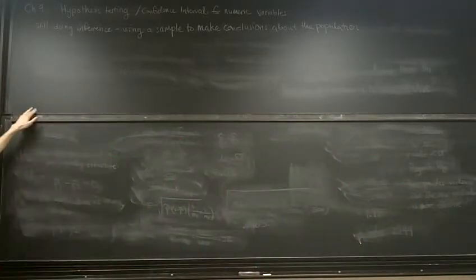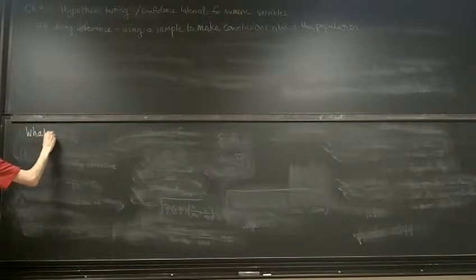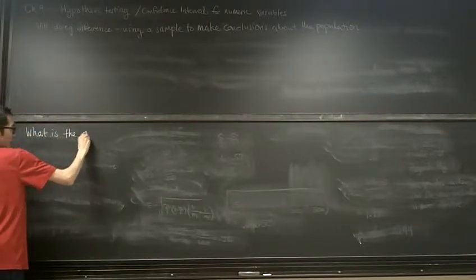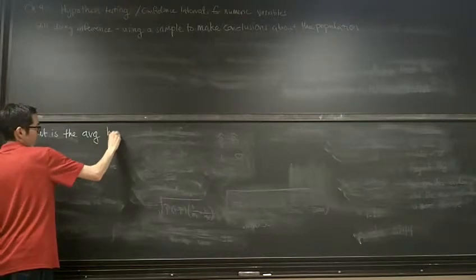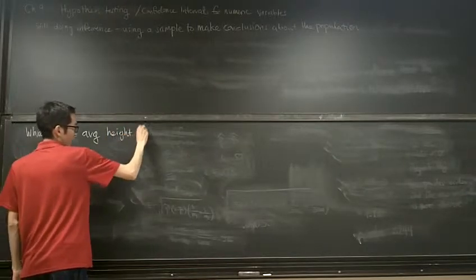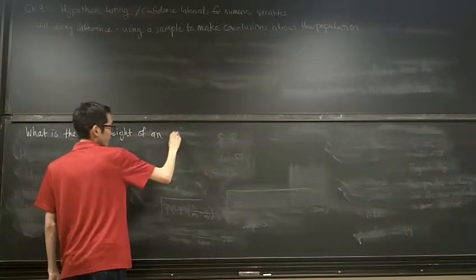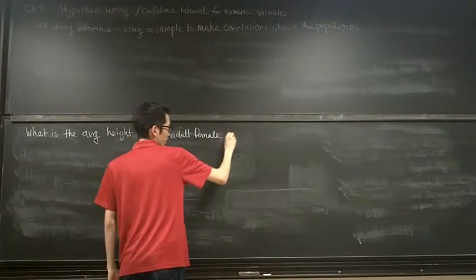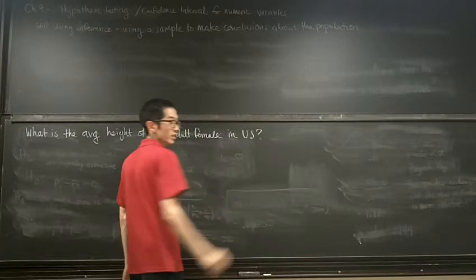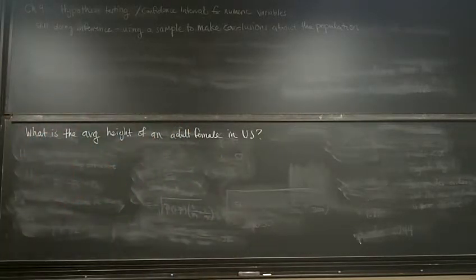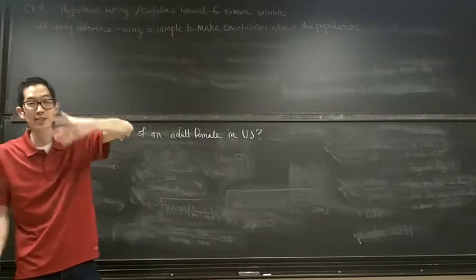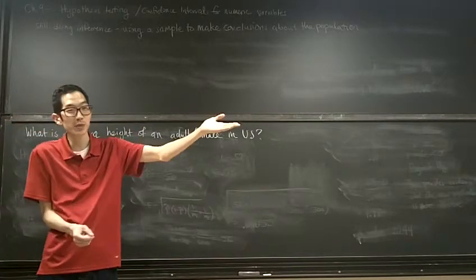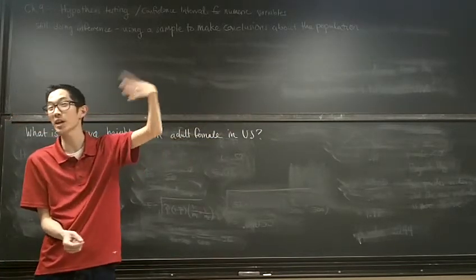All right, so we want to know what is the average height of an adult female in the U.S. Now, technically, this would not work, because if we do a sample here, it's not a random sample.